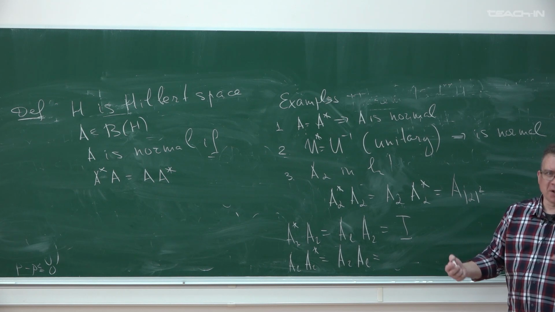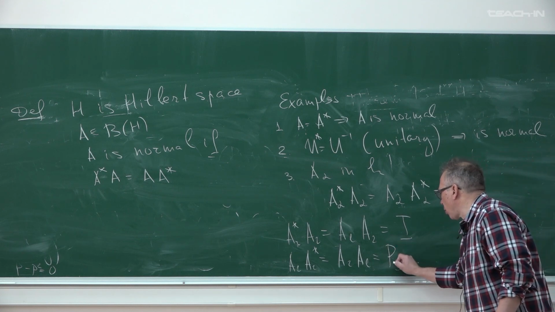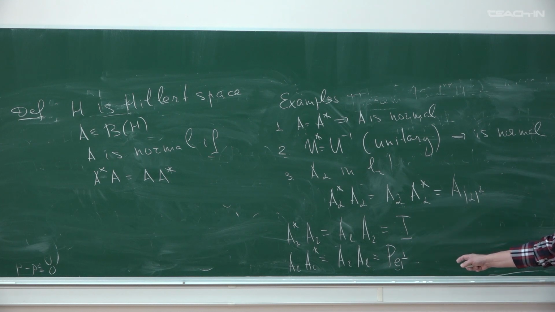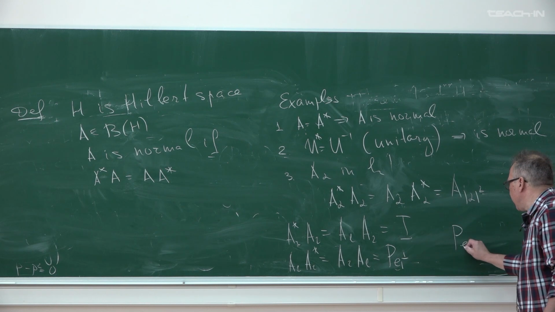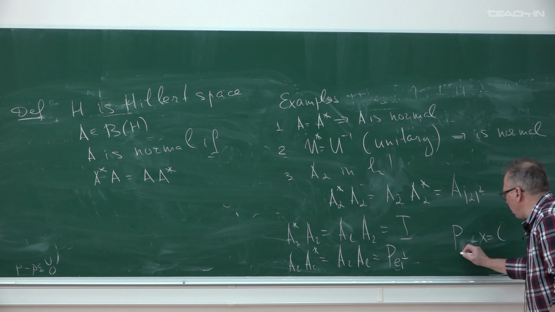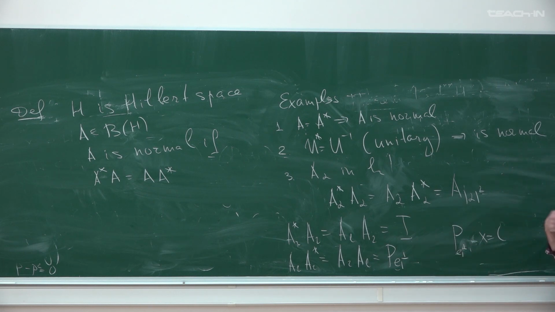It is a projector on the orthogonal complement to the first basis vector. I denote it in this way. Is it clear? So this is a projector, the orthogonal complement to the first basis vector.